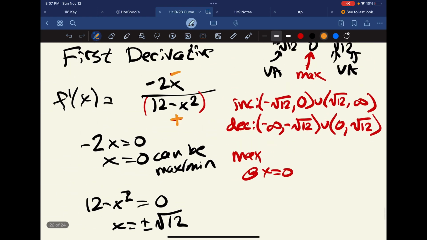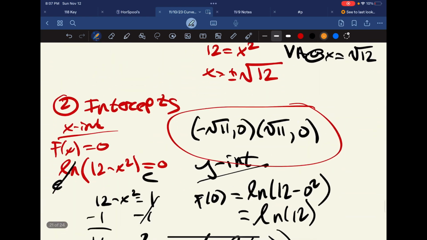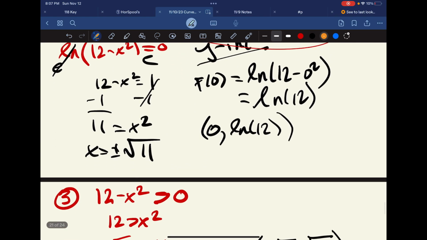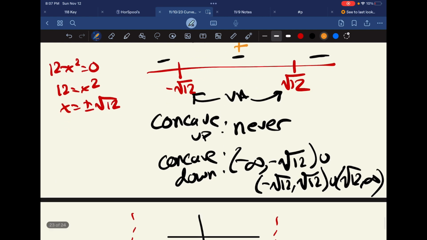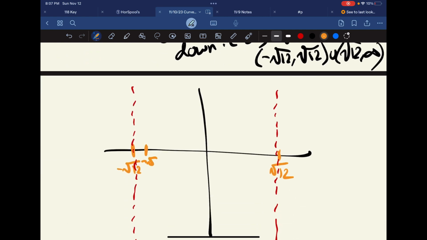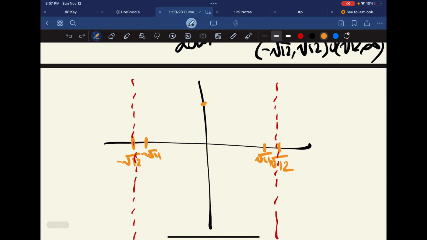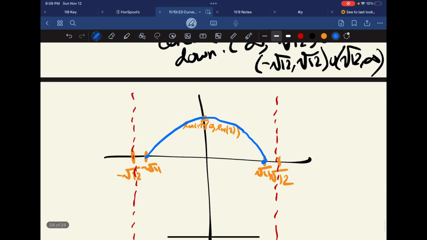So we got intercepts at negative square root 11 and square root 11, and 0, ln 12. Okay, so let's fill in our graph.